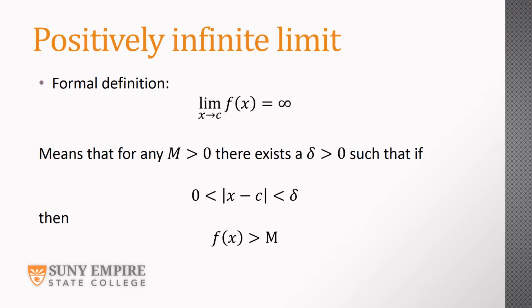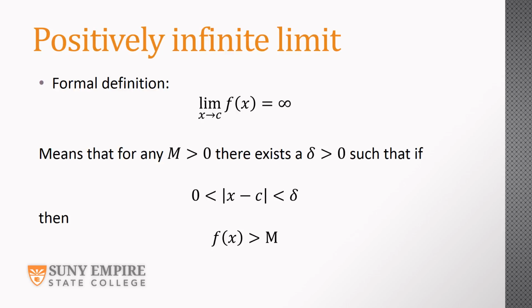In earlier resources, we learned that functions that grow without bound do not have defined limits at those values. This is true, but we also say that those limits equal infinity. Let's provide a formal definition for limits that are equal to positive infinity for some function f at a value c.